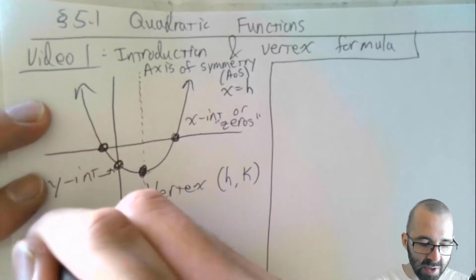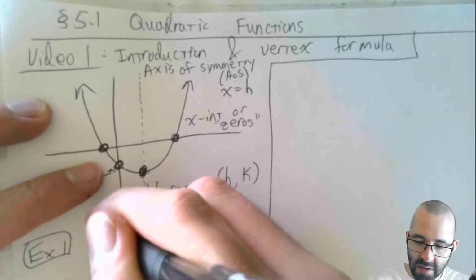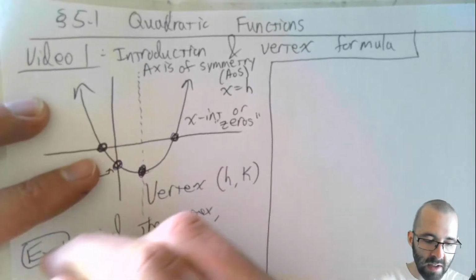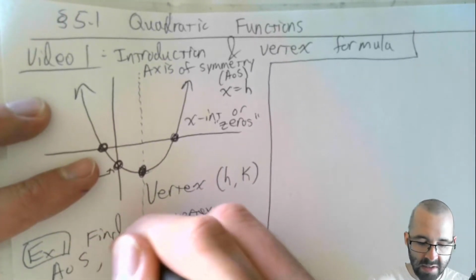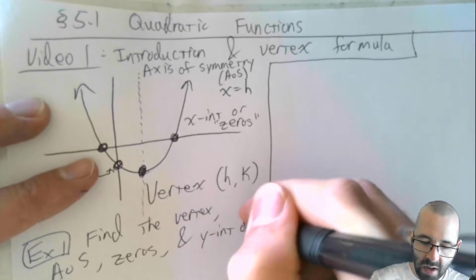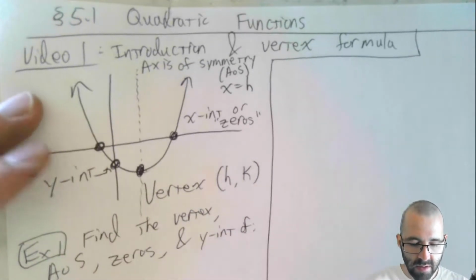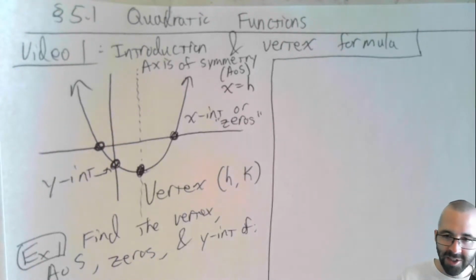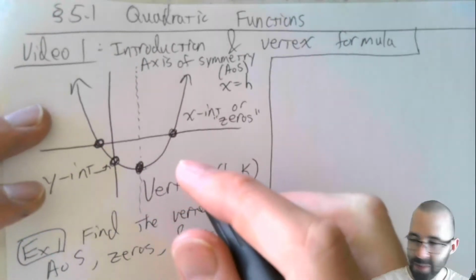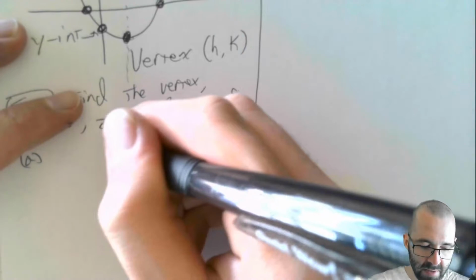All right. So example 1: find the vertex, axis of symmetry, zeros, and y-intercept of the following. Originally I was going to show this to you on Desmos, but Desmos again is already completely out of the picture. So you get to see my beautiful hand-drawn graphs myself.